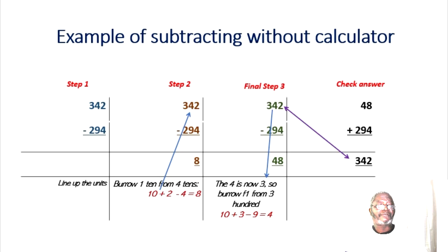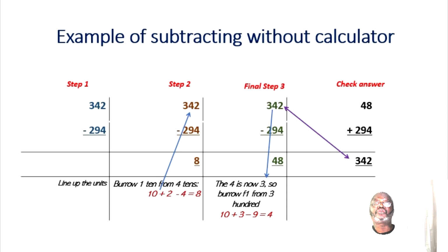In this case you have 342, and under the unit column you have to do 2 minus 4. It's not straightforward. You have to do something before you'll be able to do it, because the top number is bigger. Look at step 2. You take your units. 2 minus 4 you cannot.